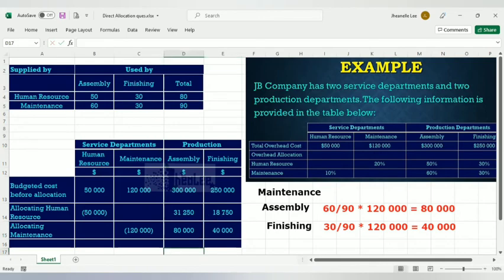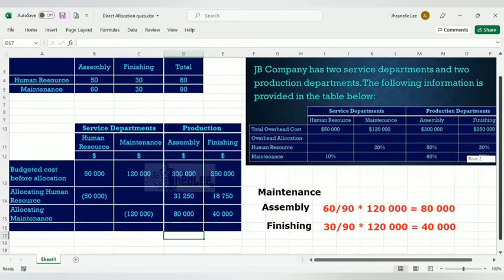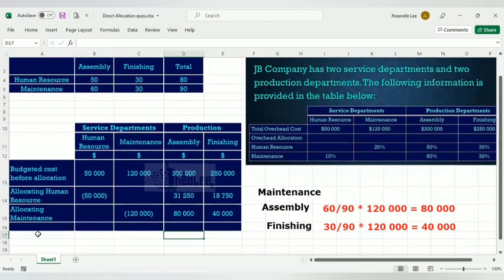And now that we have that, we can now recalculate. We're going to recalculate the cost for the departments. So recalculate cost. Now, for human resource, the 50, we have shared all of that 50. So there's nothing for that department. Maintenance, we have shared all of the 120,000, so that is 0.